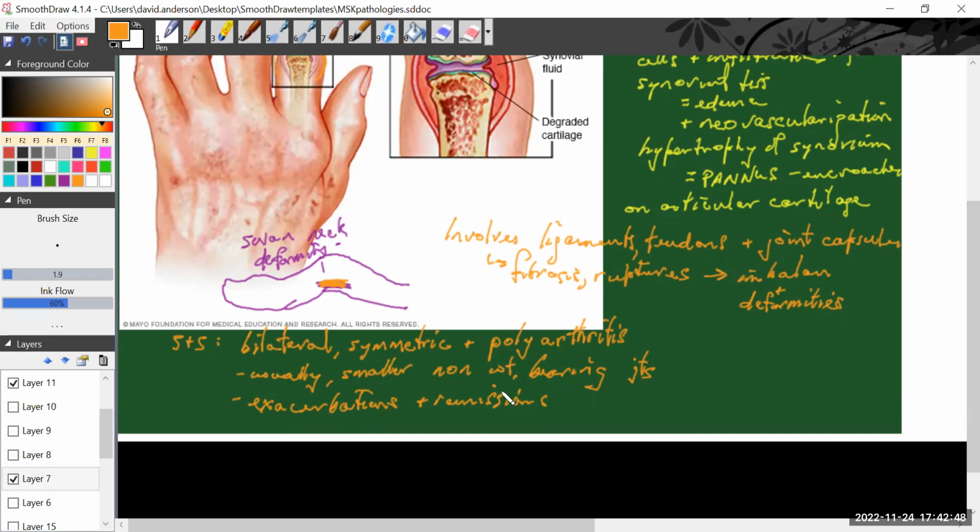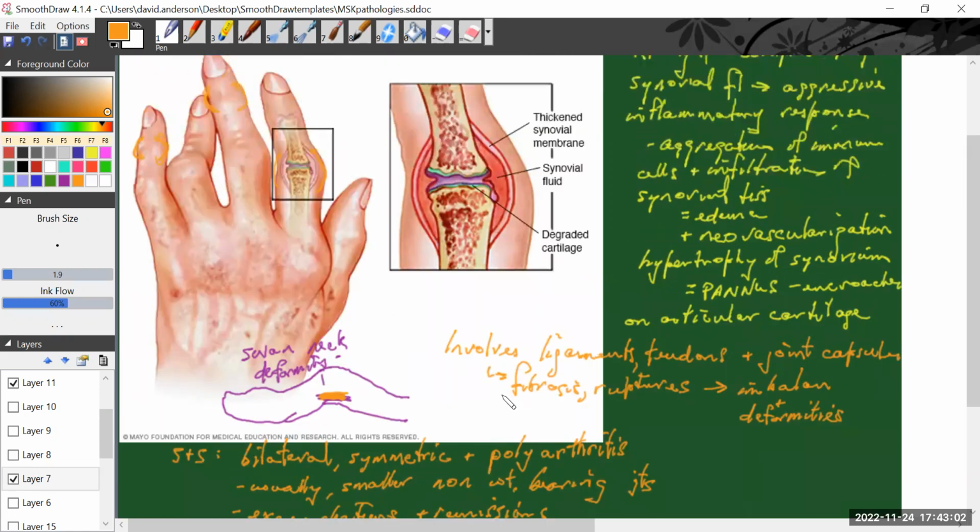The big thing that we try to prevent with early intervention is the joint deviations, especially in classic rheumatoid arthritis. We have what's called an ulnar deviation. This picture kind of shows it a little bit. An ulnar deviation is the deviation that's going to go in towards the ulnar side.